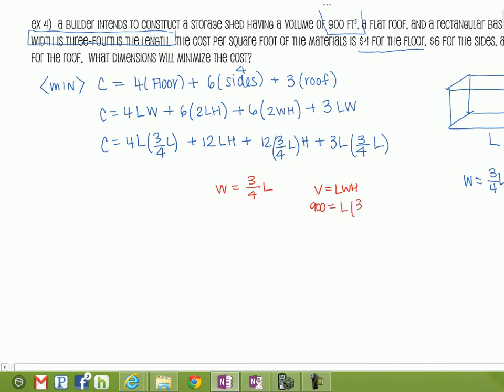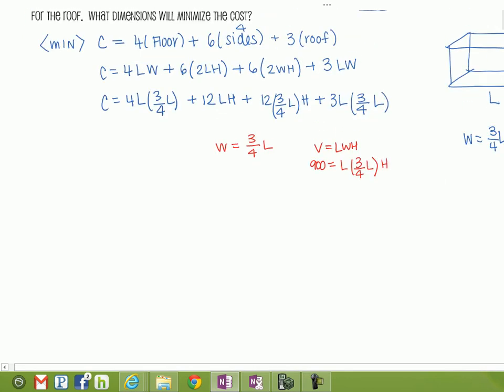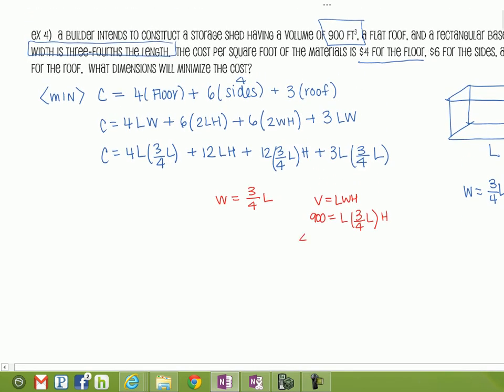Since we already got W in terms of L, I'm going to solve for H, because that's the extra variable. So let's multiply the 900 by 4/3.